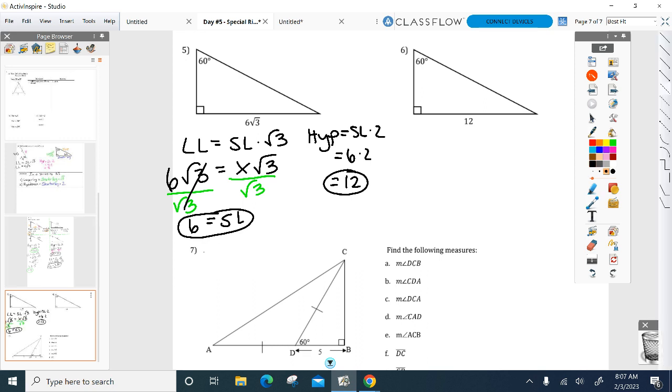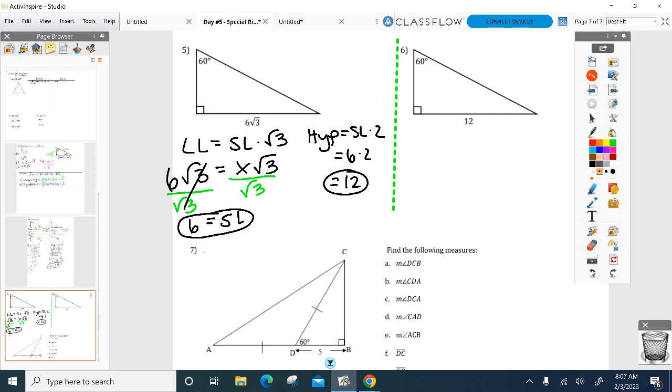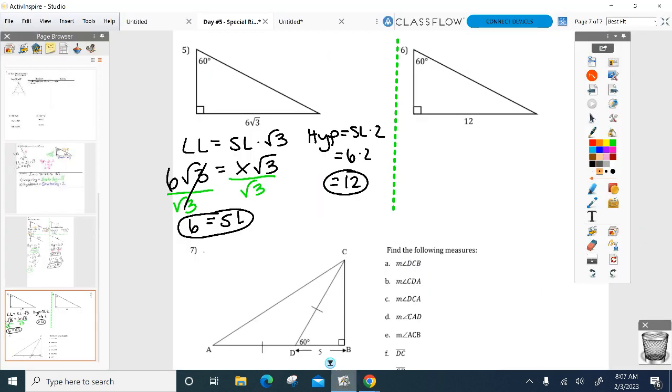All right, last one here before we get to the big dog. What's the 12 here? What side is 12? Let's write the rule we just had. Longer leg equals shorter leg times radical 3. Plug in 12 for longer leg.